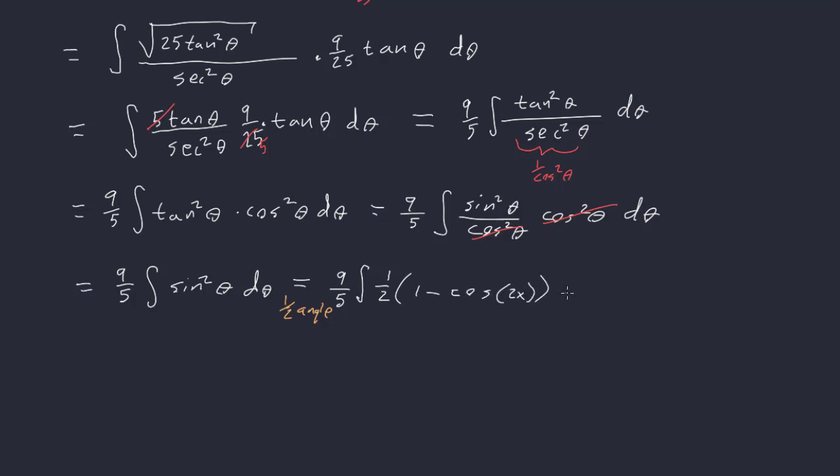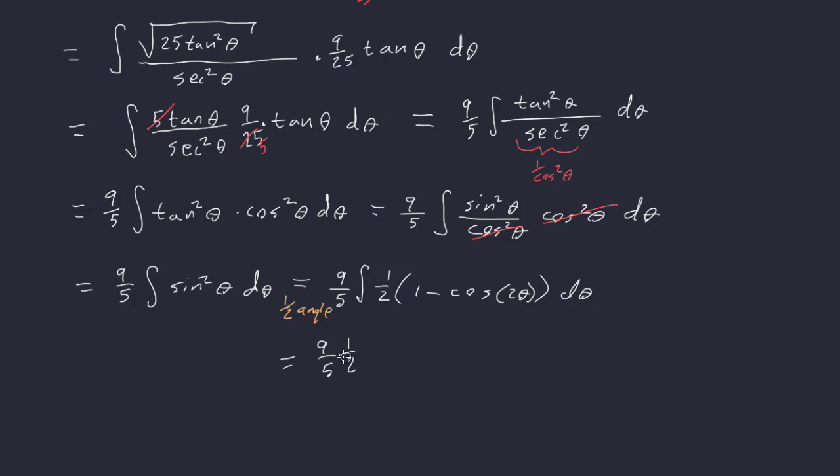So when we do the half angle identity, we get a 1/2, and with the sine squared, it goes to 1 minus cosine of 2 theta.